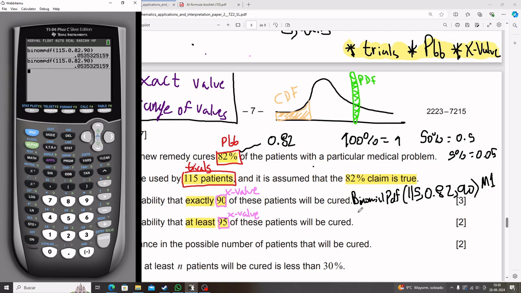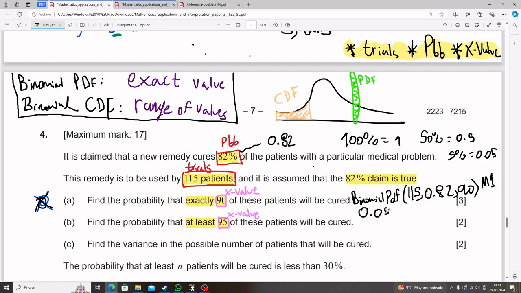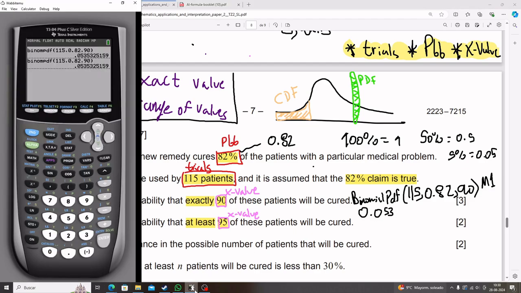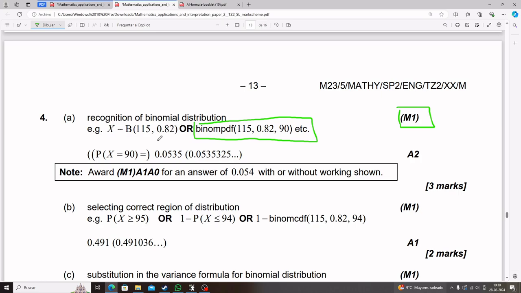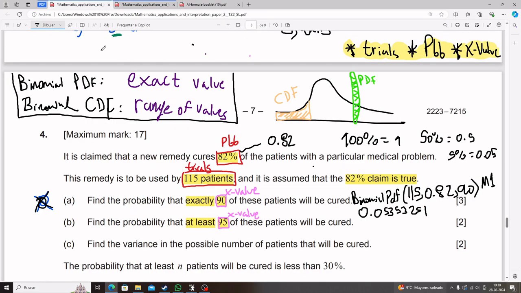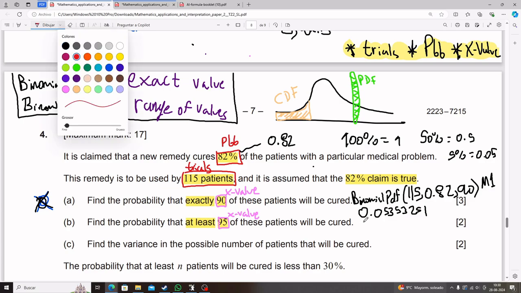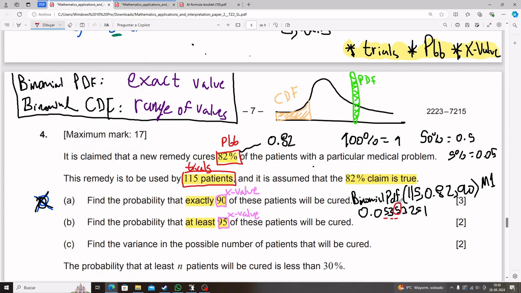Who cares? 0.053251. If you'd like to do significant figures, you gotta count 1, 2, 3, not including the zeros. Round it up or keep it the same. You keep it the same, so you can leave it as significant figures.